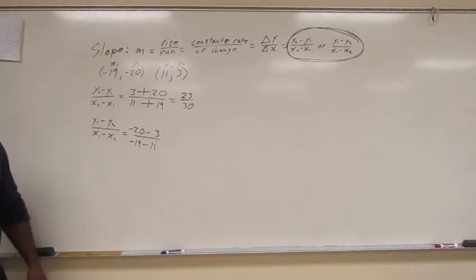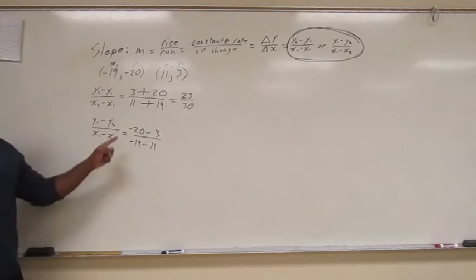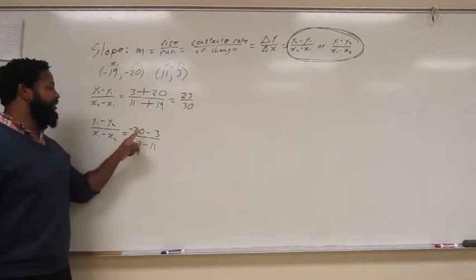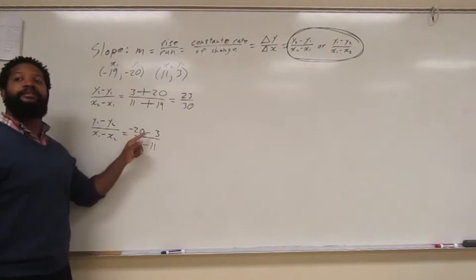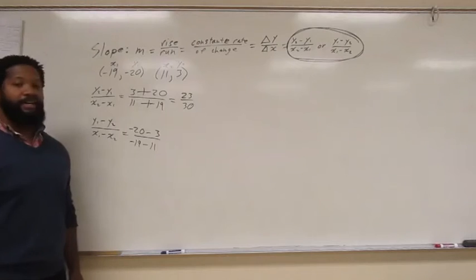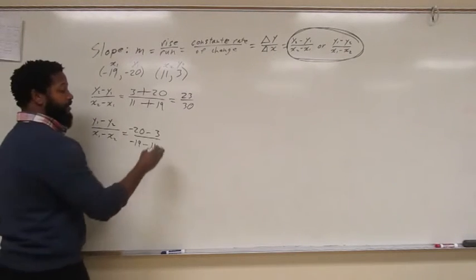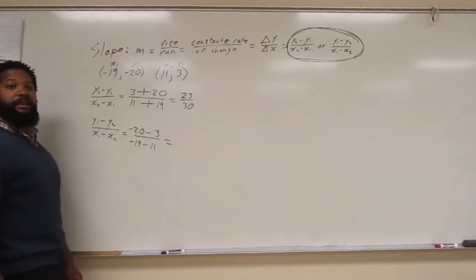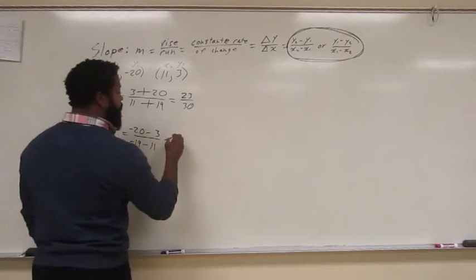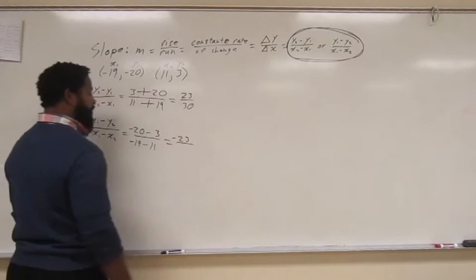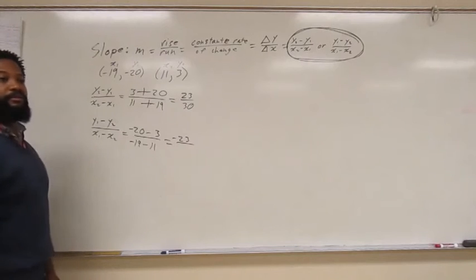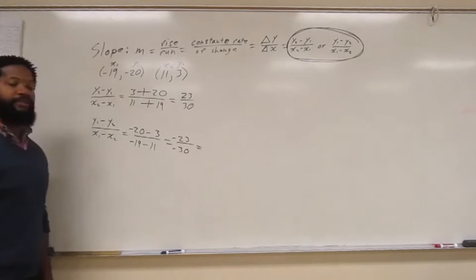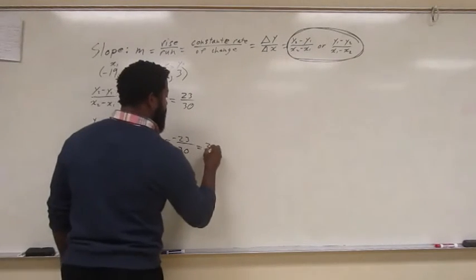It would be the same. What is this right here? Same sign, sum. So negative 20 minus 3 is negative 23, over negative 19 minus 11, negative 30. A negative divided by a negative is a positive.